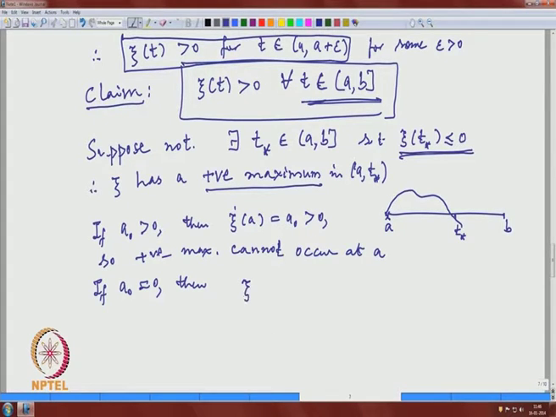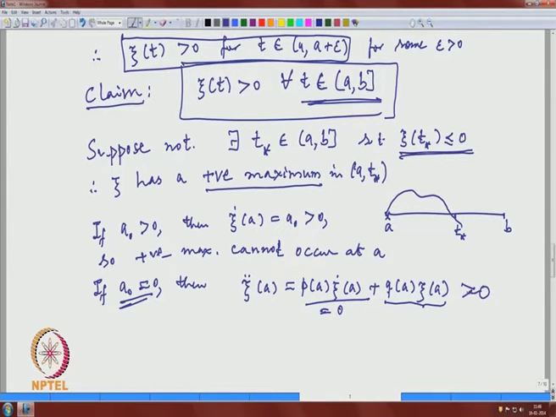J double dot A is equal to P T J dot A plus Q T J A, and now we are assuming A 0 is 0. So, that means this is 0, and this is Q T J A, and J A is A 1. So, this is strictly positive.